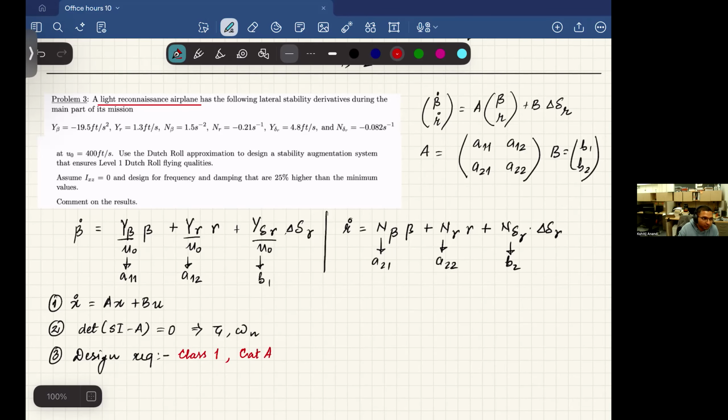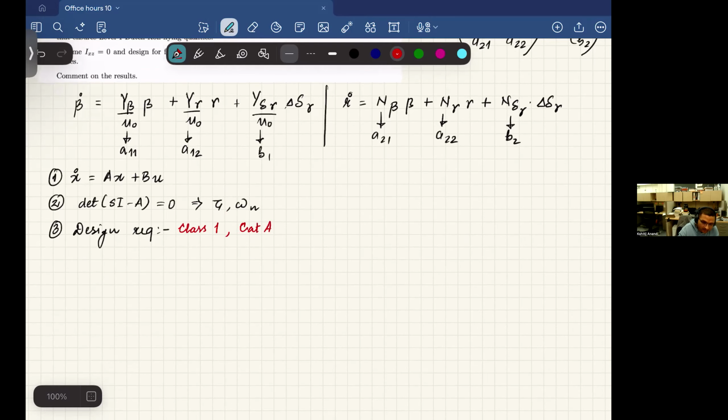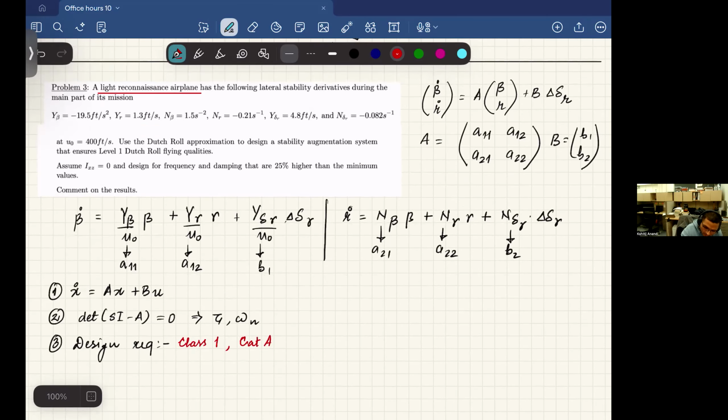Also, am I supposed to shoot in the middle of the range or something like that? The question already tells me that you need to use the Dutch roll approximation that ensures level 1. Assume this and design frequency and damping that are 25% higher than the minimum values.